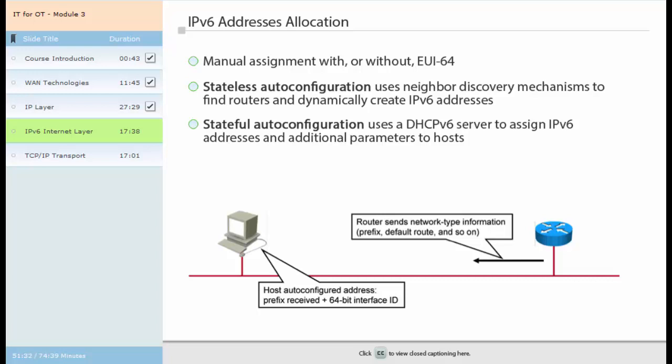A host can auto-configure by appending its data link layer address, in a special 64-bit EUI-64 format, to the 64-bit local link prefix. This auto-configuration results in a complete 128-bit IPv6 address that is usable on the local link and is most likely globally unique. To avoid the rare event of address collision, a process is enabled to detect duplicate addresses.